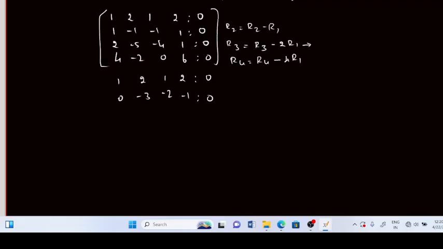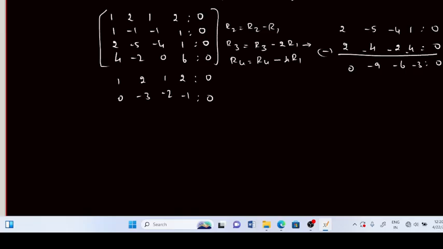Now R3 is 2, -5, -4, 1. Two times R1 is 2, 4, 2, 4, 0. Subtracting this, 2 minus 2 is 0, -9, -6, 1 minus 4 is -3, 0.